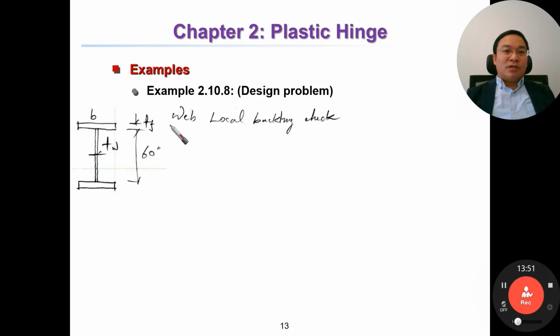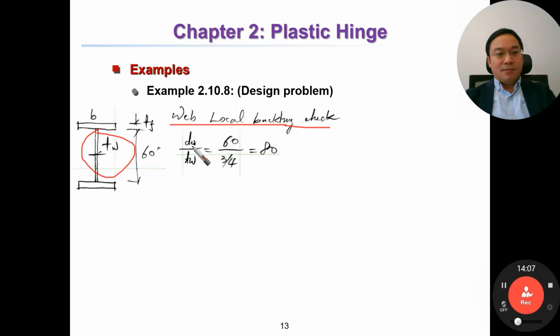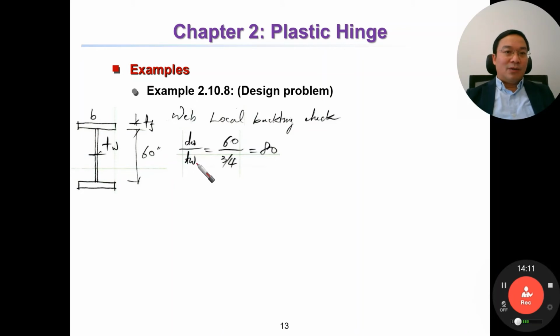Now we have to consider also the web local buckling check. Okay, we have to consider also the local buckling of the web. This web has to be checked. You have the W divided by Tw, the width divided by the thickness, equal to 80.